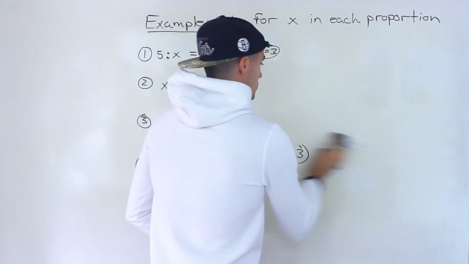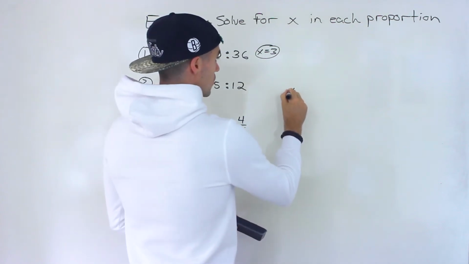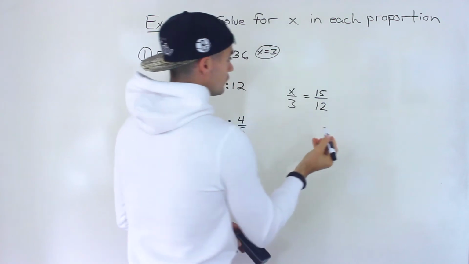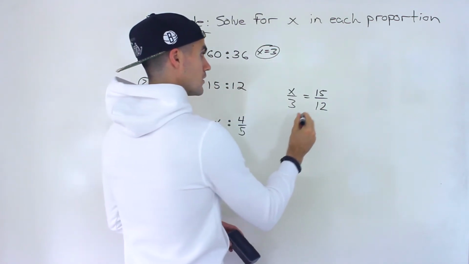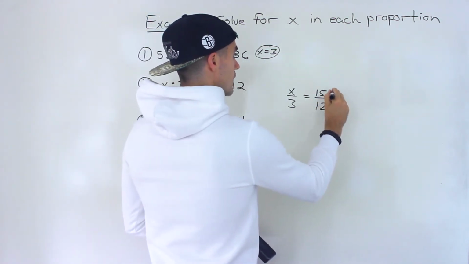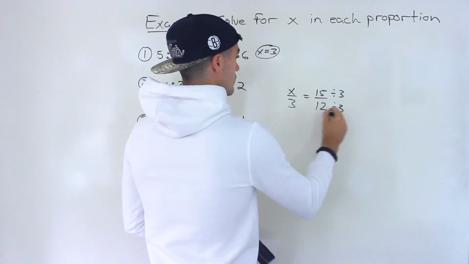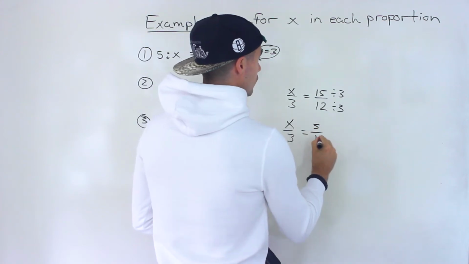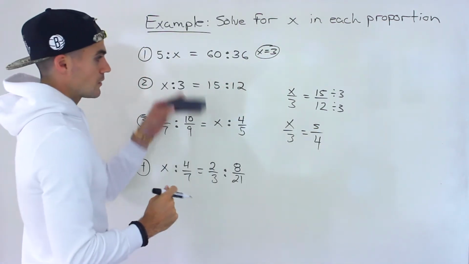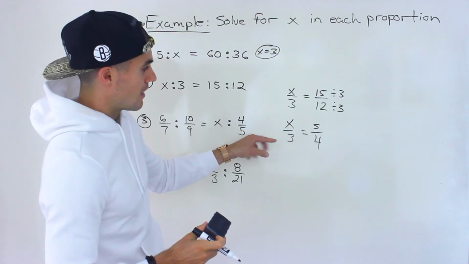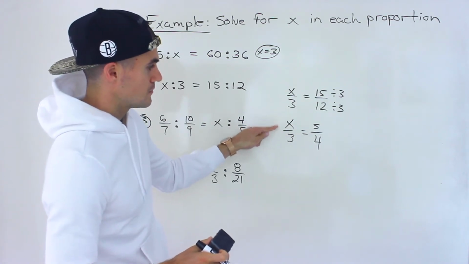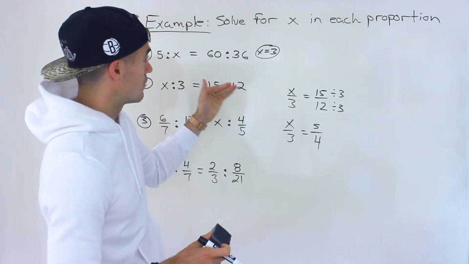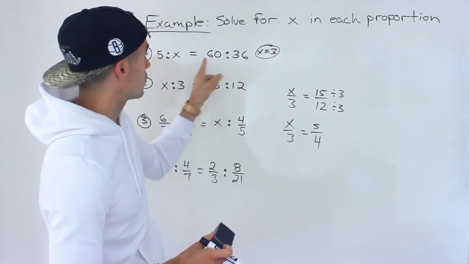Now, with number two, we got x over 3 is equal to 15 over 12. And then from here, notice that we can divide this by 3, divide this by 3. So we'll have x over 3 is equal to 5 over 4. So unlike number one, we still can't tell what x would be because the denominators here are different versus before the numerators were the same.